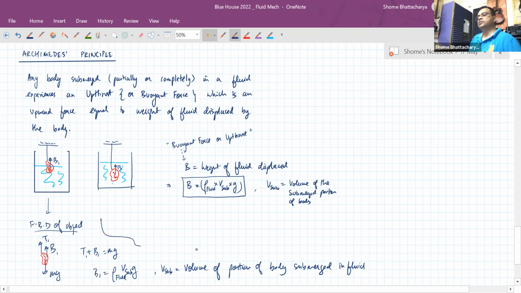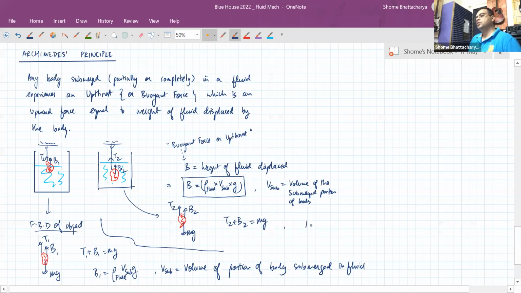Whereas in the second case, where it is completely submerged, let's say the buoyant force is B2 and the tension in the thread is T2. In the second case, the tension will be different because the buoyant force is different. And why is the buoyant force going to be different in this case? Because now the submerged part's volume is how much?